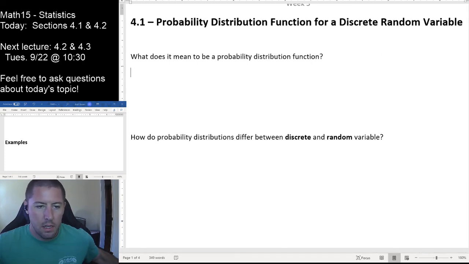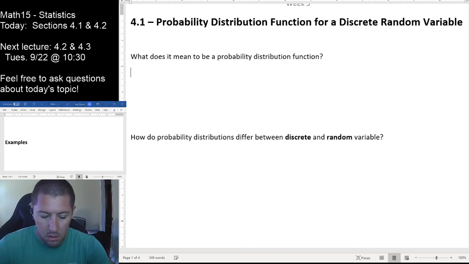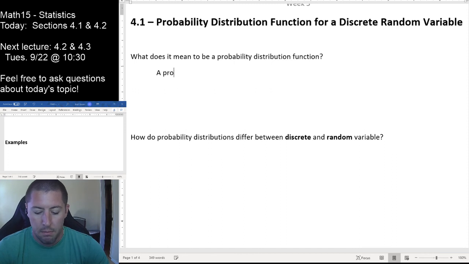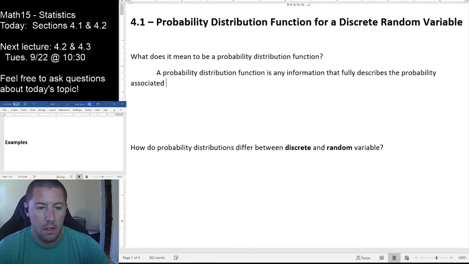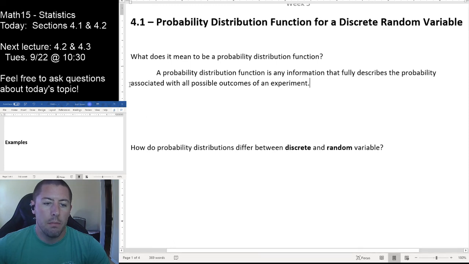A probability distribution function is any information that fully describes all the probability associated with all possible outcomes of an experiment.